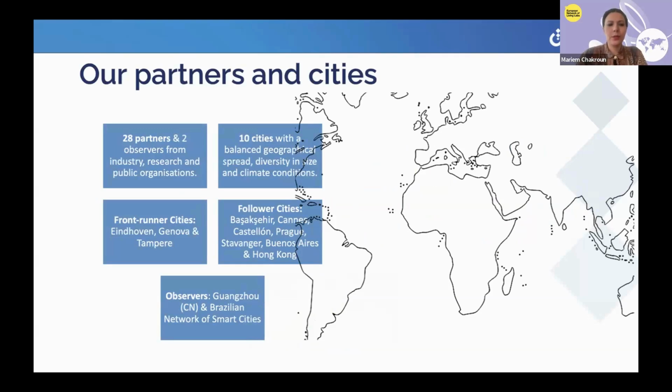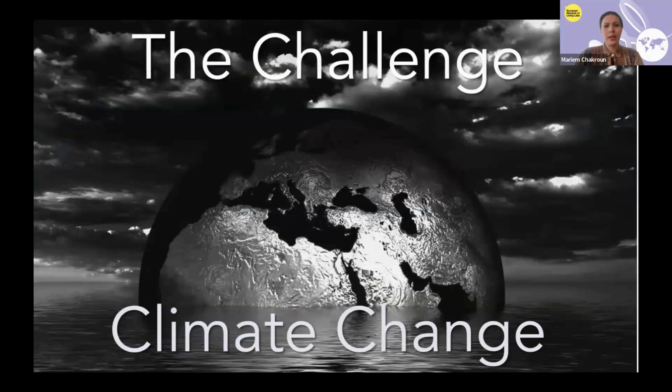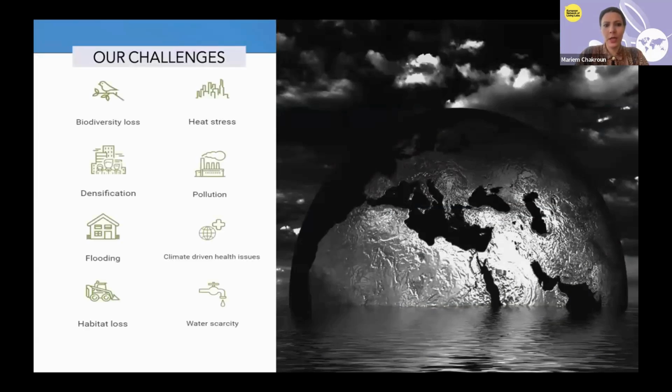And we had also these front-runner cities and follower cities who were learning from the lead cities about the best practices and solutions and the lessons learned. The main challenge in this project was climate change, as you can see on the screen, but it's a very broad challenge.